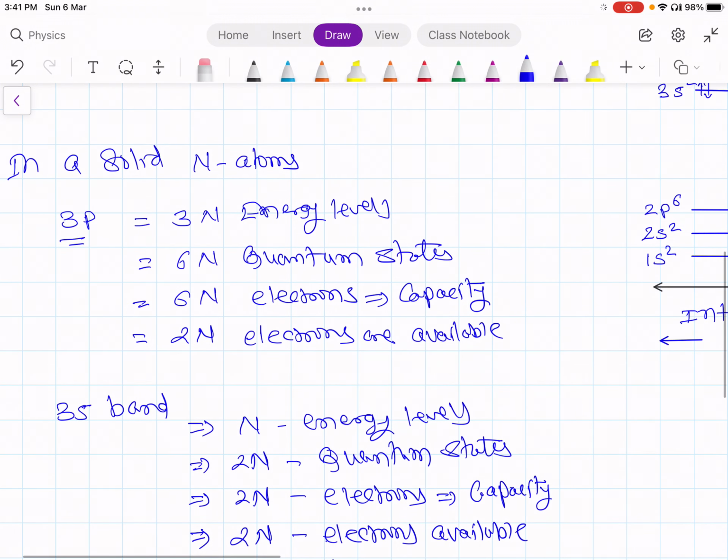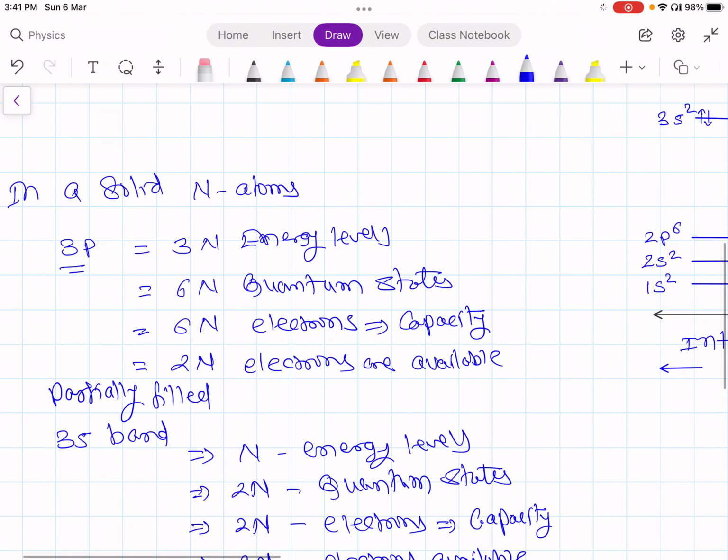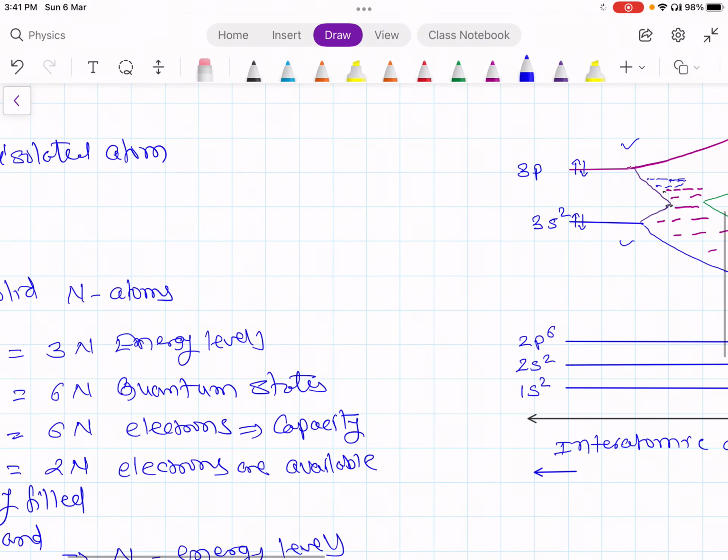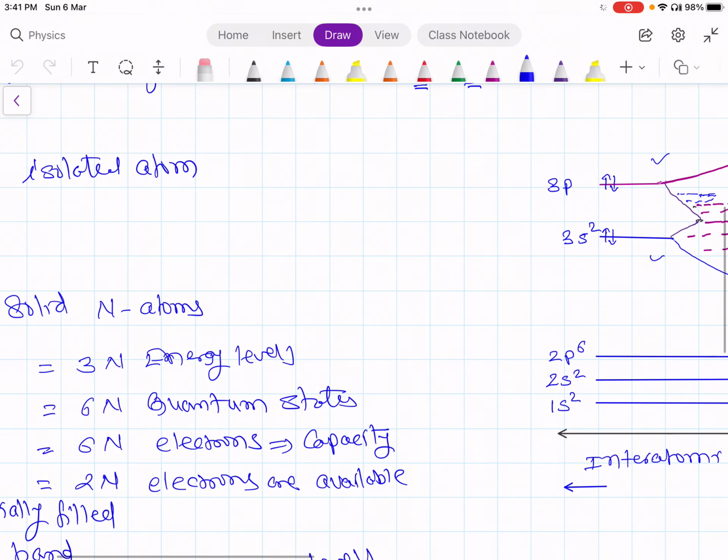And this 3p band is partially filled. Let's see the diagram. In this diagram, when 3p and 3s split, 3p is partially filled and 3s is completely filled.